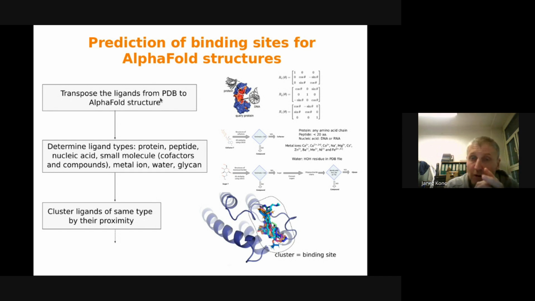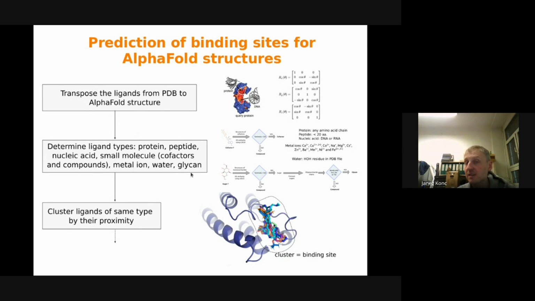So these blank AlphaFold protein structures can then finally get their ligands, and there we can determine different ligand types, such as proteins, peptides, nucleic acids, small molecules, which can be further divided into cofactors and compound small molecules, metal ions, waters, and glycans.